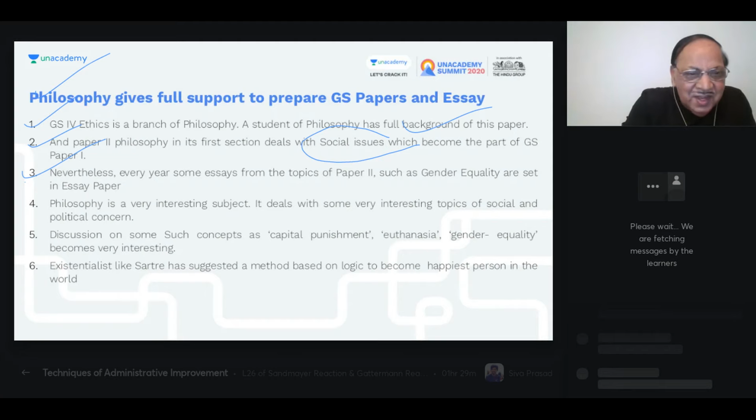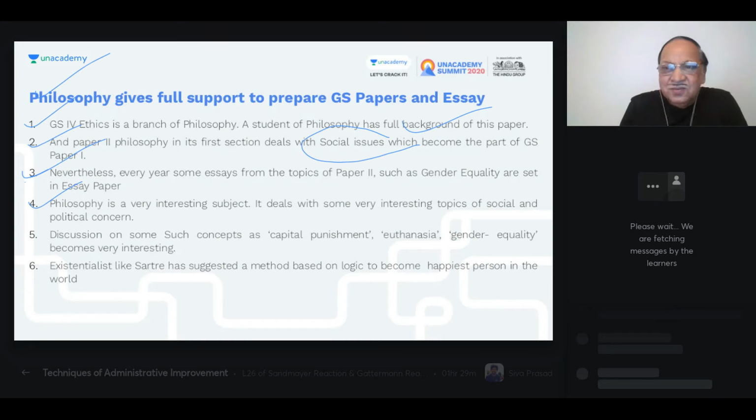Now, you see, philosophy is a very interesting subject. The third point is waiting for you. It is surprising that the setter of the essay paper, I do not know to what extent he is influenced by philosophy, but every year you will find that some topics of your philosophy paper are set in the essay paper.